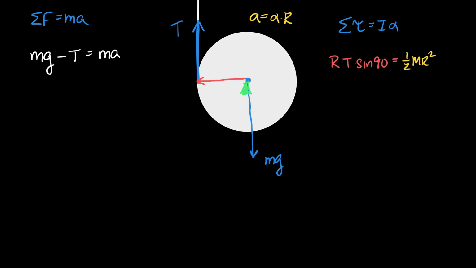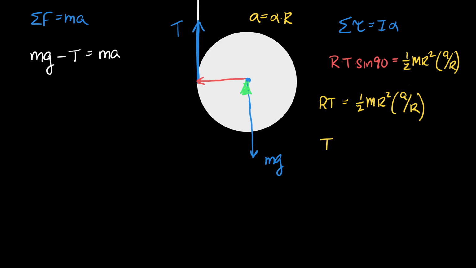And is this still unrolling? So a over R. Let's simplify it by getting that sine out of the way. RT equals 1/2 mr squared times a over R. Do we notice that all of the R's cancel this time? I noticed it too. The M doesn't cancel this time, but all the R's cancel this time, just like before.